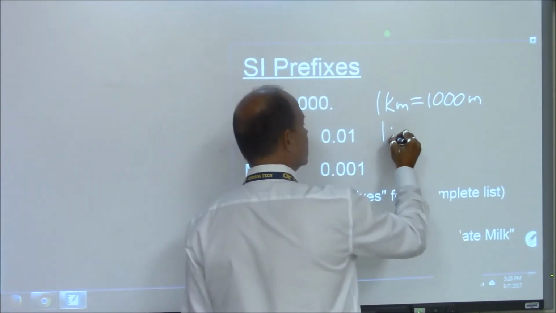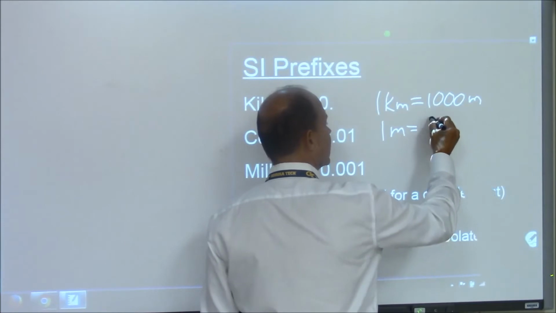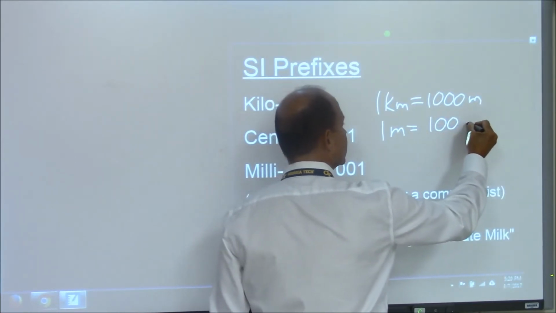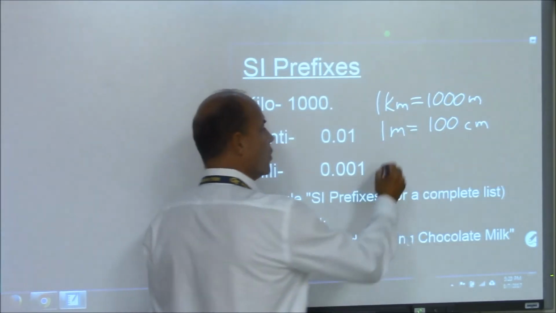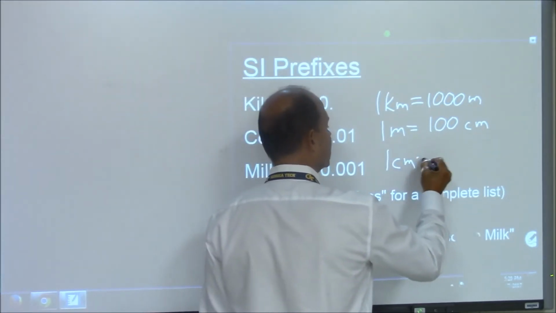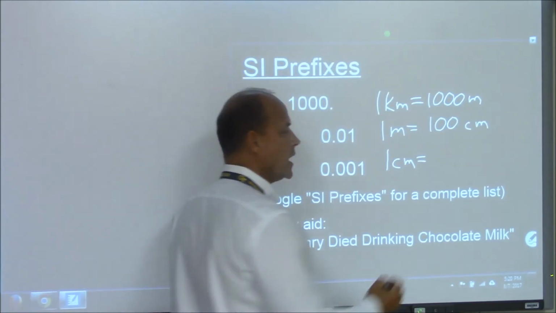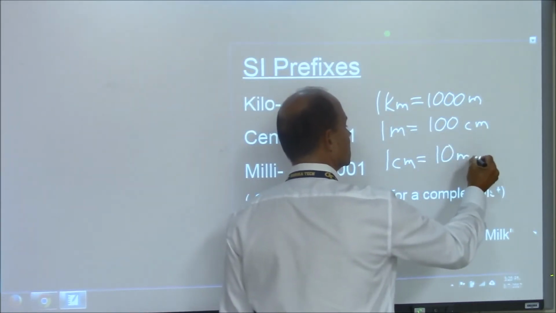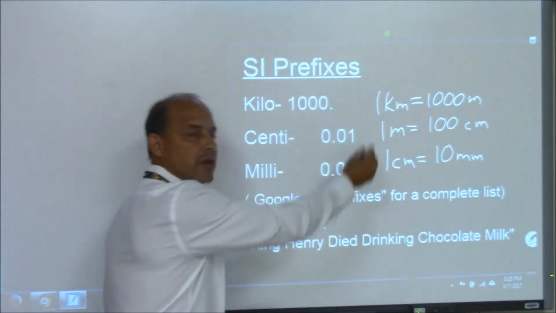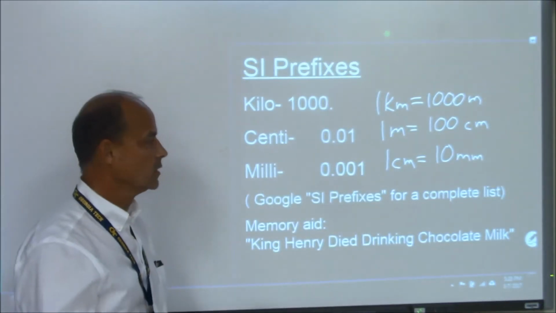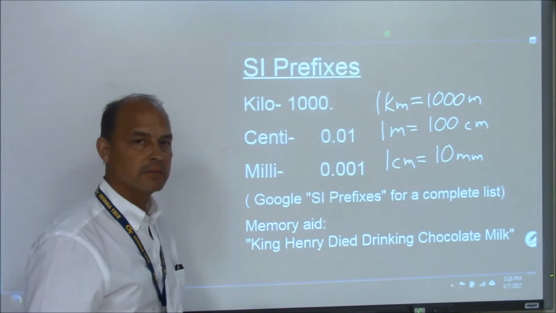In 1 meter, there is 100 centimeters, right? And in 1 centimeter, there are 10 millimeters. I want to make sure that you have these relationships because we're going to be using them a lot.